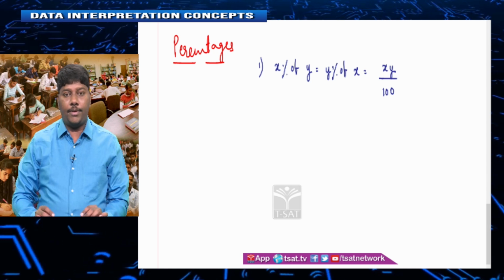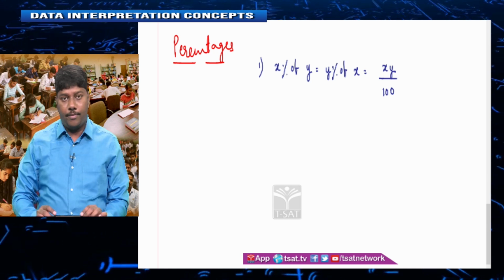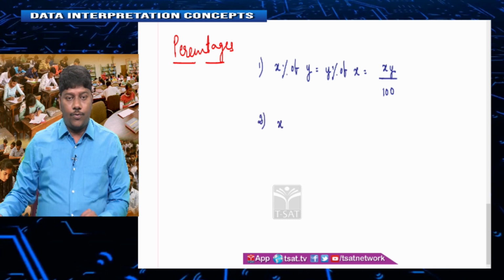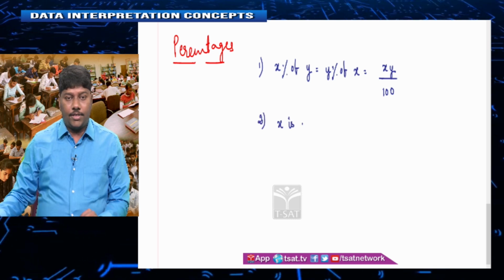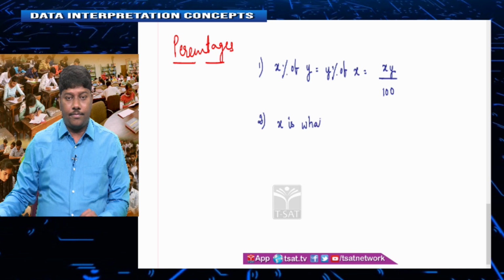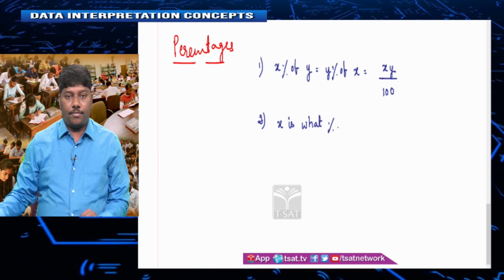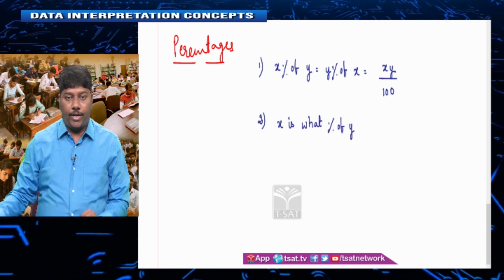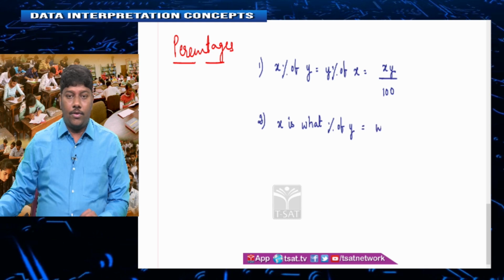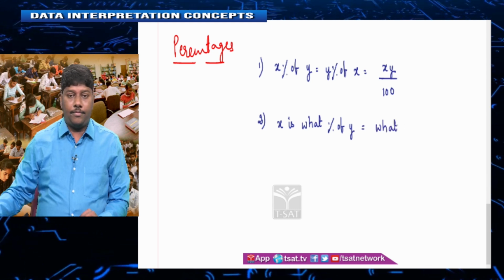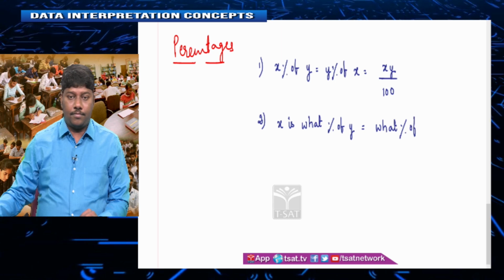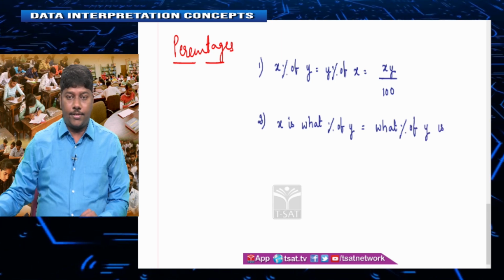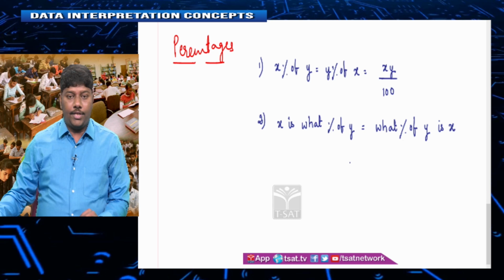X% of Y or Y% of X is simply XY by 100. X is what percent of Y, or else what percent of Y is X? In both ways, the answer is the same.